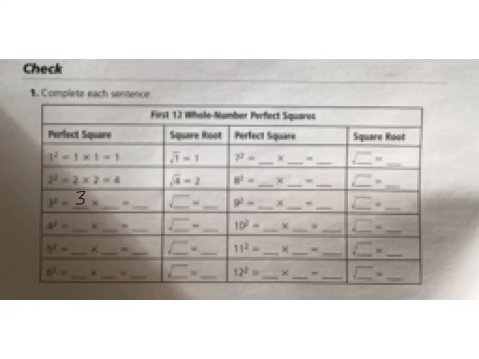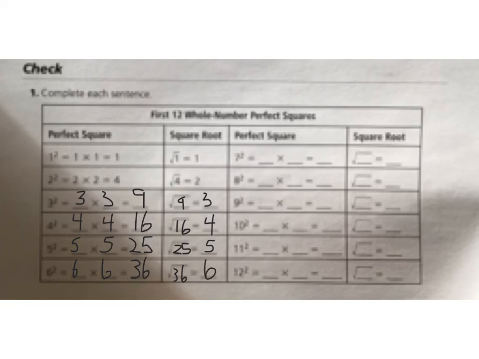So 3 squared is 3 times 3, which is 9, therefore the square root of 9 is 3. 4 squared is 4 times 4, which is 16, so the square root of 16 is 4. 5 squared is 5 times 5, which equals 25, so the square root of 25 is 5. 6 squared is 6 times 6, which is 36. The square root of 36 is 6.